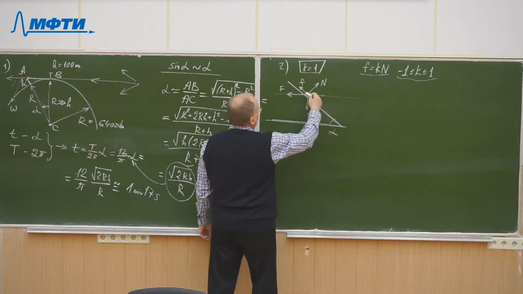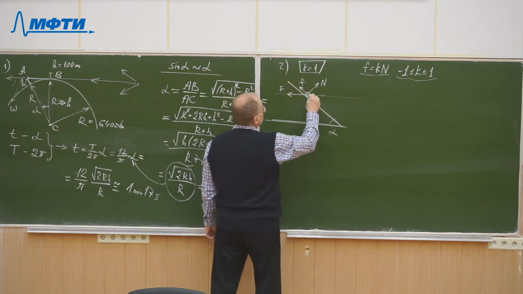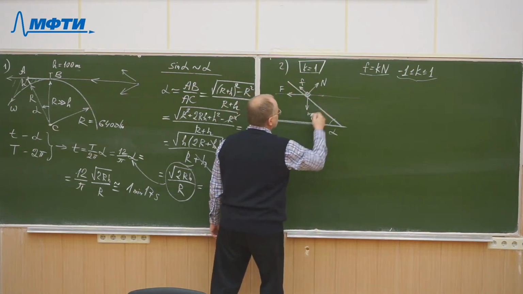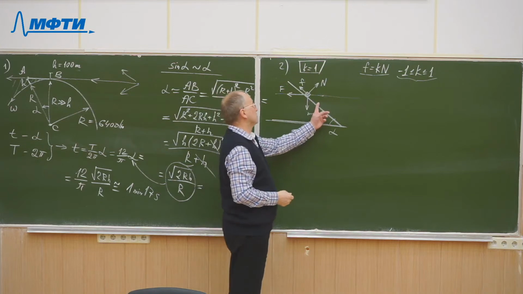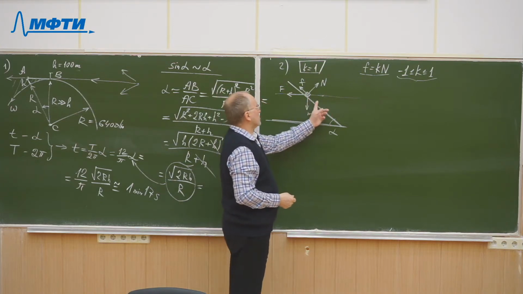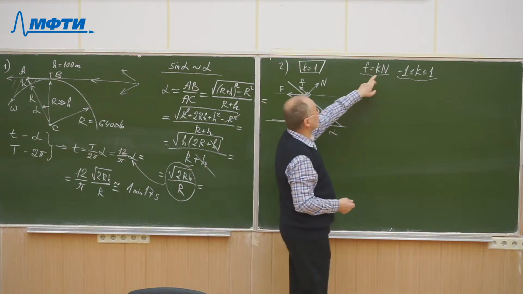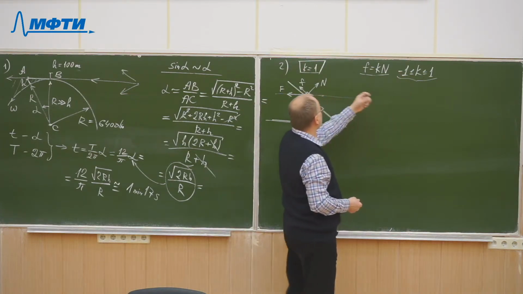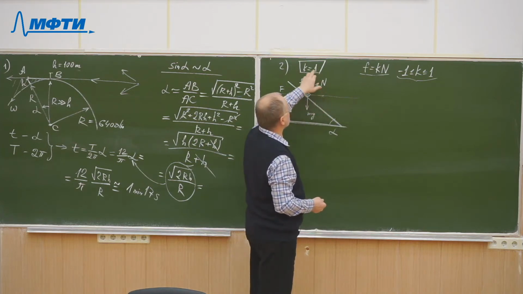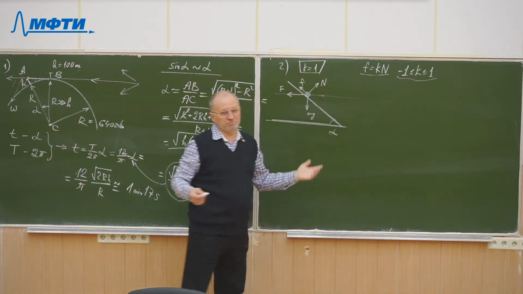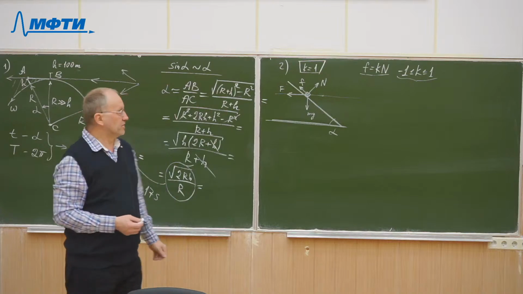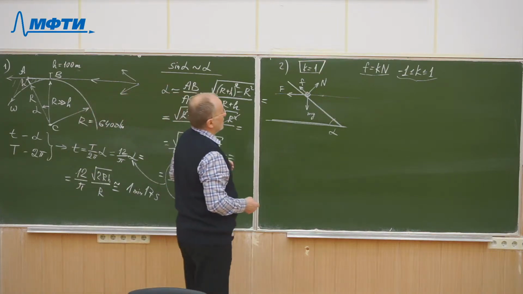Yes, we push the body and it will slide up the slope. In this case, the force of friction will be directed oppositely to its displacement. This can be tackled easily if we assume that the coefficient of friction in this formula is negative. And negative maximum quantity is the same as positive. The coefficient of friction may not be larger than unit in this particular problem.